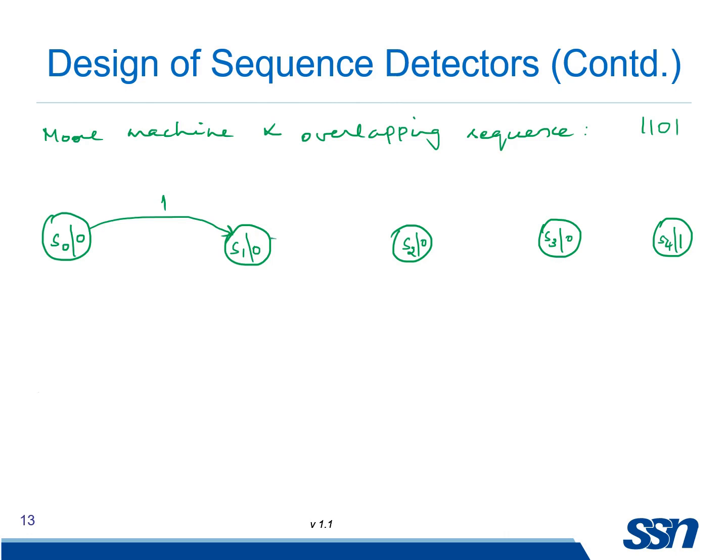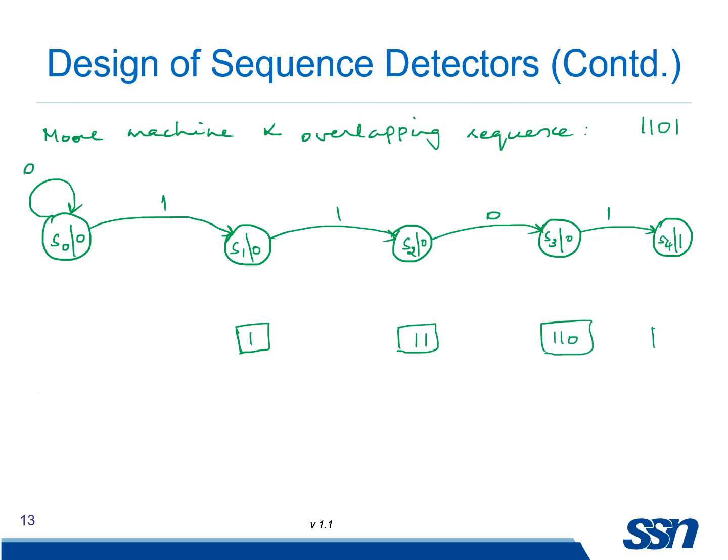So 1, 1, 0, 1. And if we receive a 0 initially, we remain in the same state. Then the state sequence 1, 1, 0 and 1, 1, 0, 1.